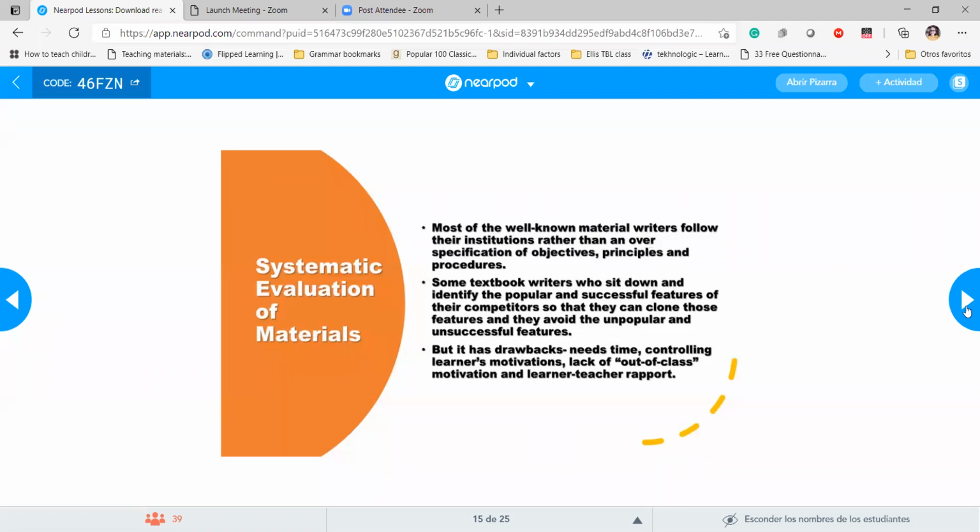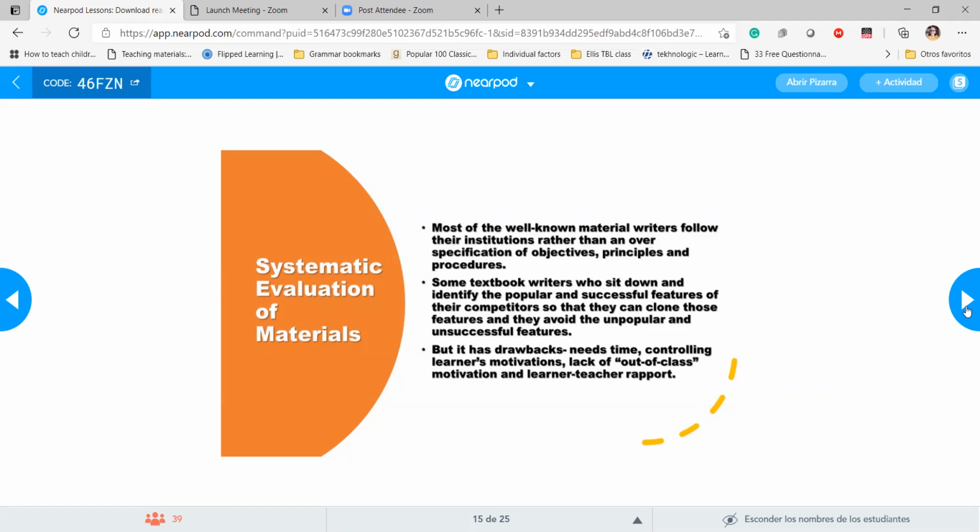If you have liberty to use any types of materials, then you will have to create your own principles, objectives, and procedures for finding materials or even creating them. Because imagine that you create a poster with a lot of marks and a lot of things, and no, right? You have to be able to create materials that are meaningful for the process, okay?